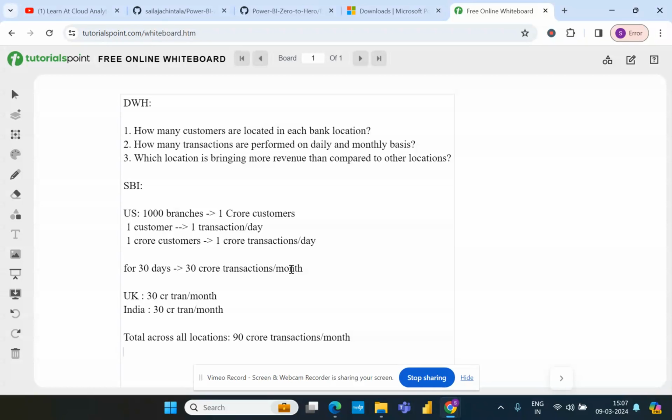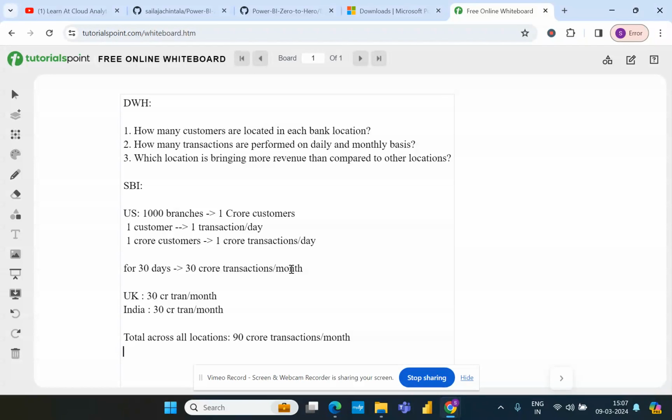And this is quite difficult. It's not so simple to combine data coming in from multiple branches and then analyze on top of that, because it is a huge volume of data.